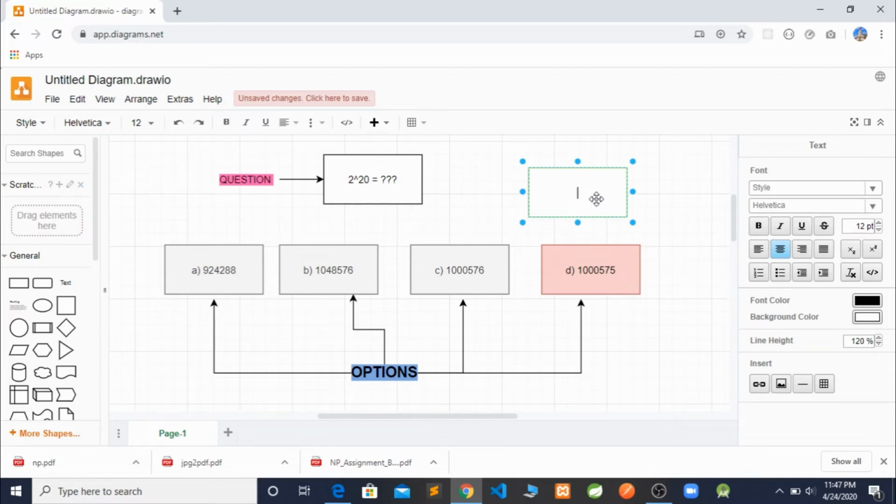Basically we can calculate up to, let's say, 2 times 2 times 2. Sorry, 2 times 2 times 2 times, okay, how many 2s? 6 twos, 2 times 2 times 2 times 2 times.